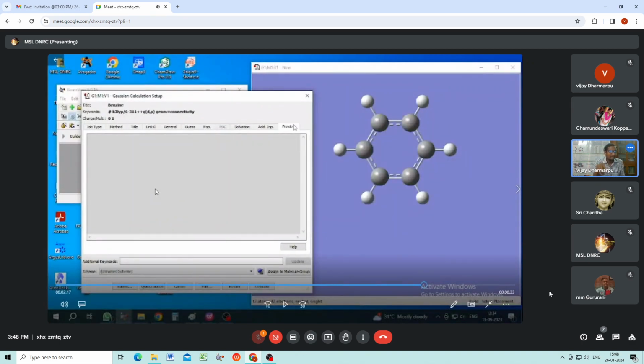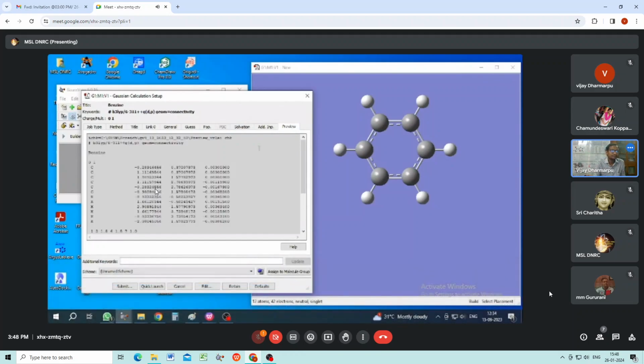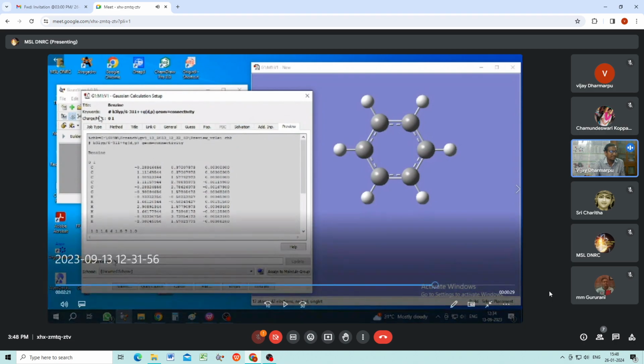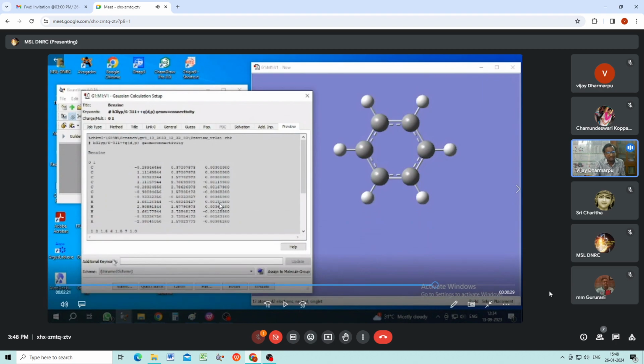Okay. This is the preview of the coordinates and all. See, we have six C's and six hydrogens, with X, Y, Z coordinates. These coordinates we can change manually, but here I keep all these things by default.